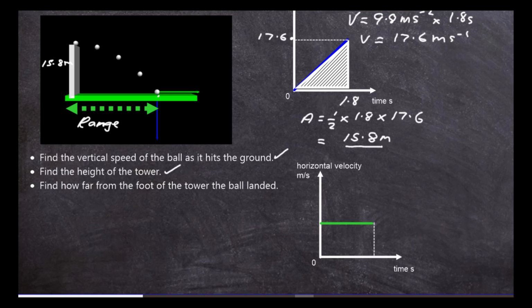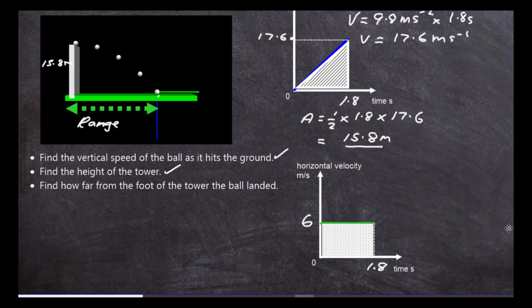Now we can fill in the details for that. We know that the horizontal velocity is going to remain the same. It's always going to be 6 meters per second, so we'll have a 6 here going along that line, 6 meters per second. And we know the time is going to be 1.8 seconds that it landed at. So the range, being that horizontal distance, yes, you've guessed it, can be found by the area under that graph.